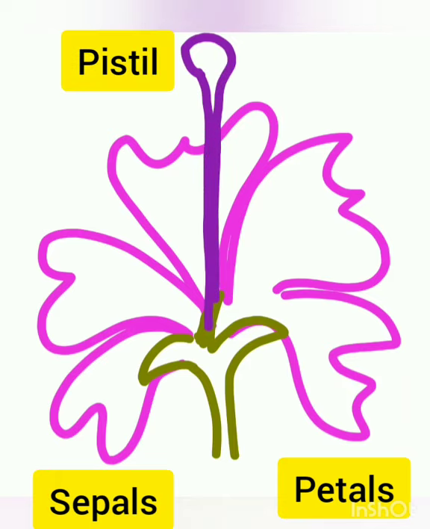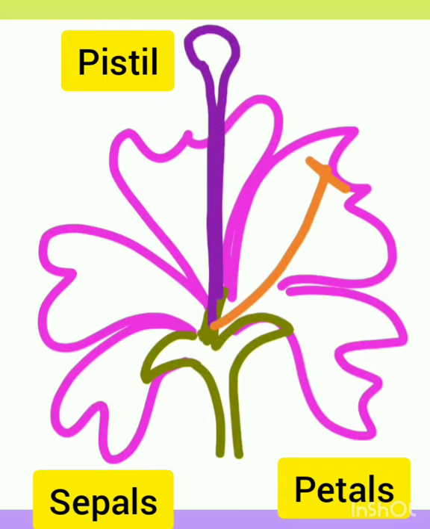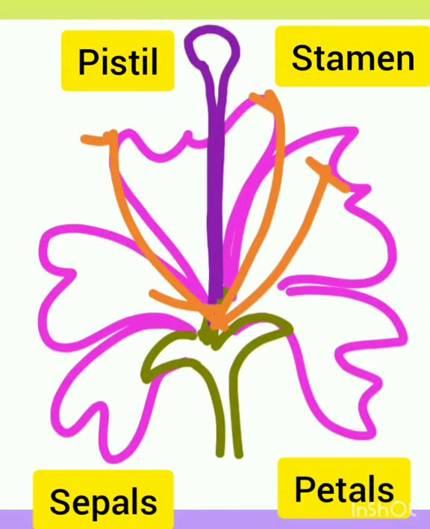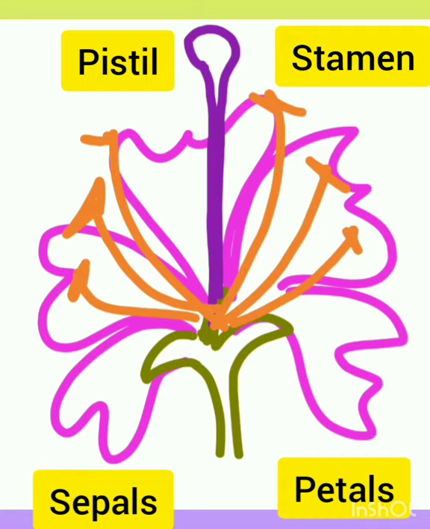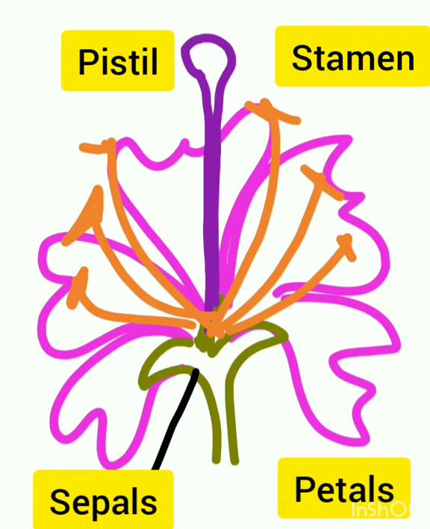At the end, draw the male reproductive part of the plant called as stamen. So it is sepals, petals, stamen and pistil.